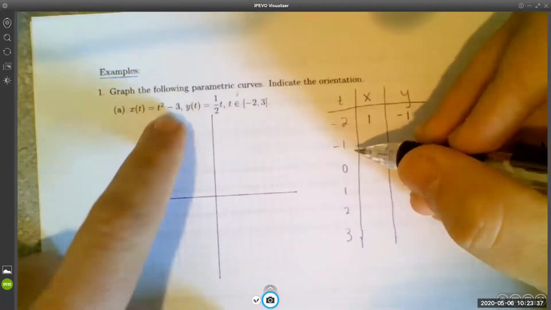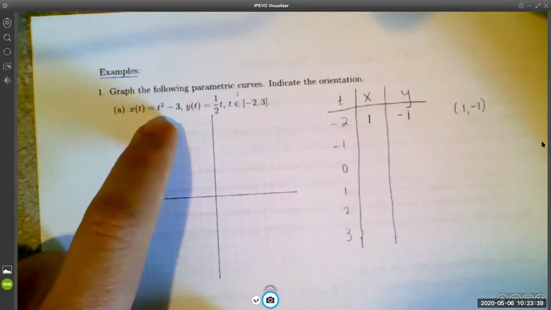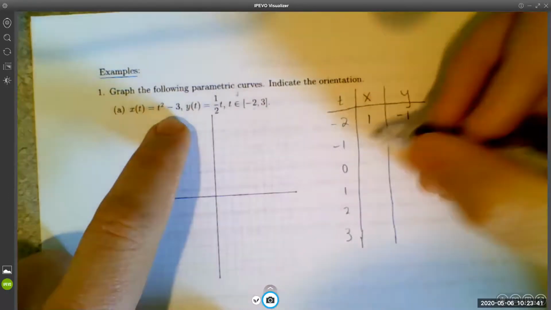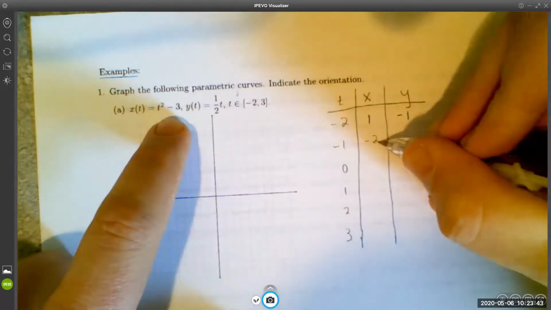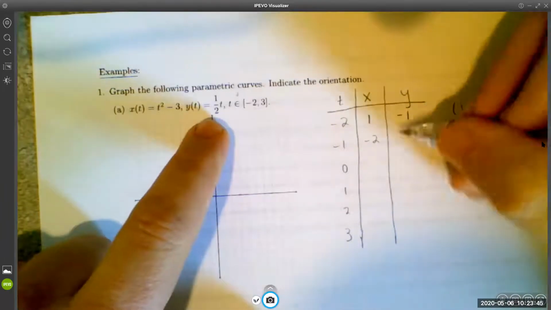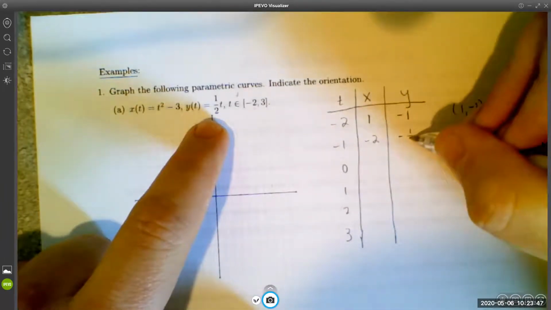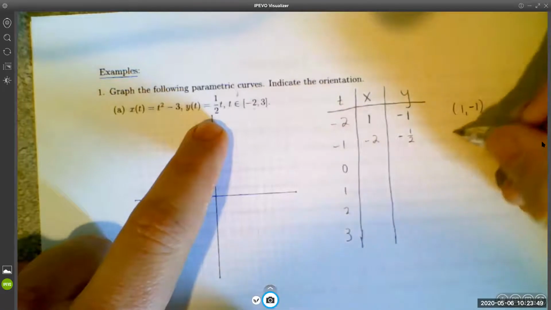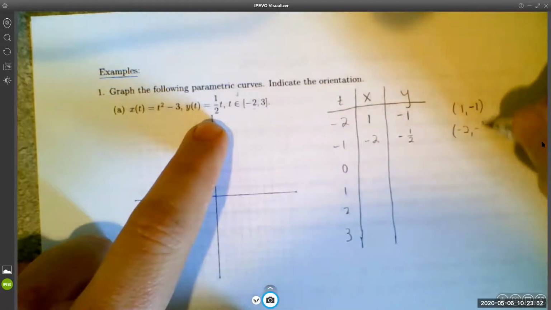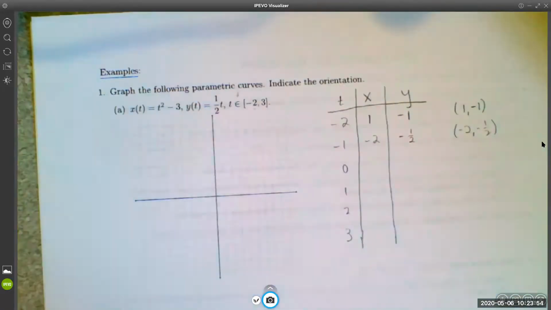When t equals -1, I have -1 squared is 1, and 1 minus 3 is -2. And here I would get -1/2. So I have -2, -1/2 as another ordered pair that I'm going to plot. And so on and so forth for the rest of them.